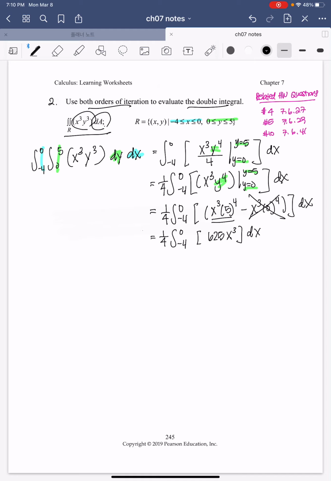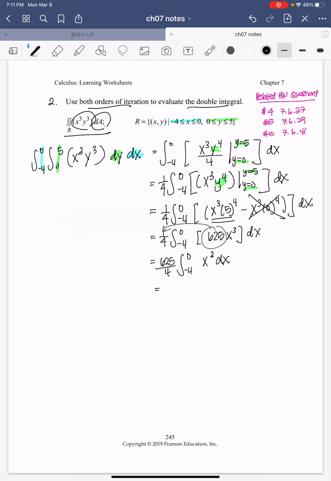All right. Now, let's keep going. I can also take this one out of the integral because it's a constant. So let's do that. 625/4, -4 to 0, x cubed dx.